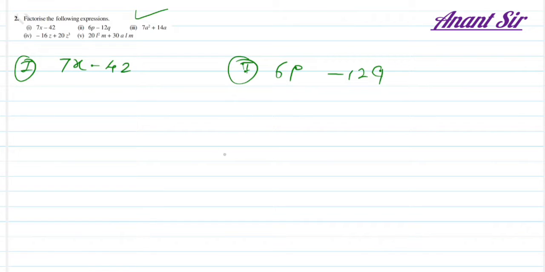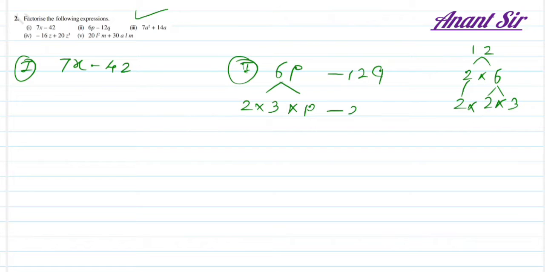You can write the factors here. For the 6, you can write 2 times 3 and write p as it is. For 12, if you remember the factors, it's okay. Otherwise, you can do it like this: 2 times 6, and 6 is 2 times 3, this 2 as it is. So these are the factors of 12, 2, 2, 3 and q as it is.